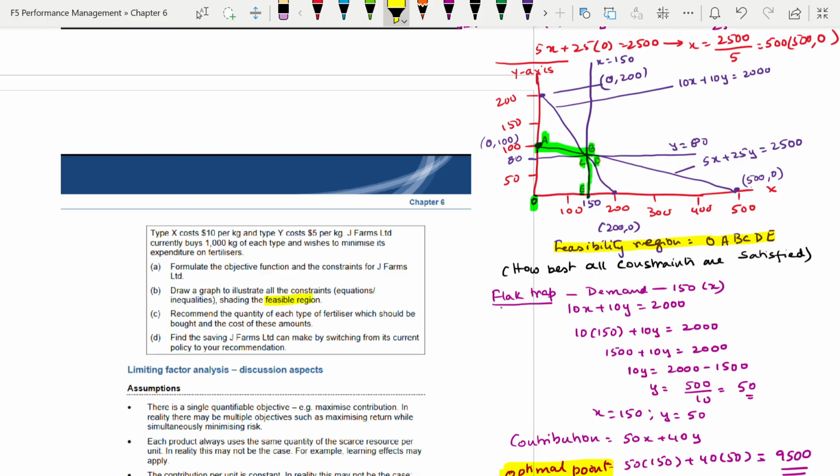There is no link, all are different. The objective function is in terms of the contribution. The graph is in terms of the feasibility region.